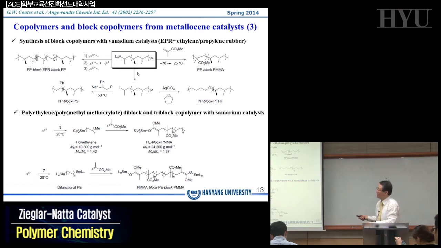Block copolymer, as you have already seen and I have introduced to you, is very difficult to make, right? But using this metallocene system, because it's a living olefin polymerization, you can just add second monomers on top of the first monomer system.